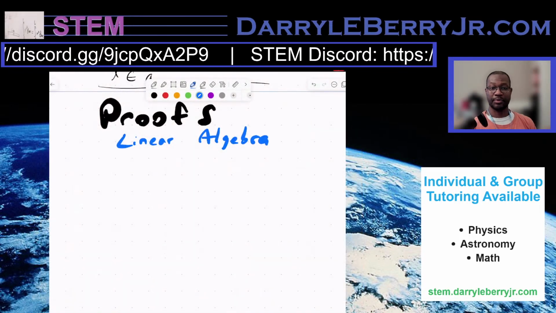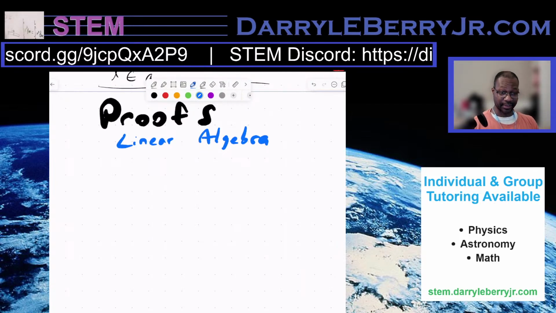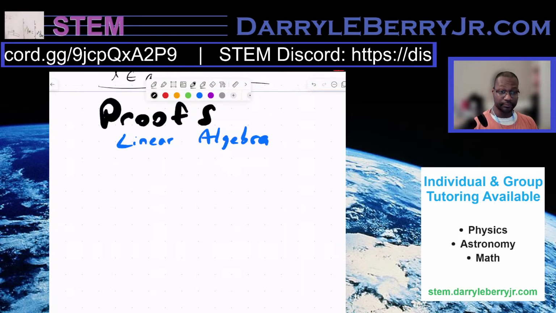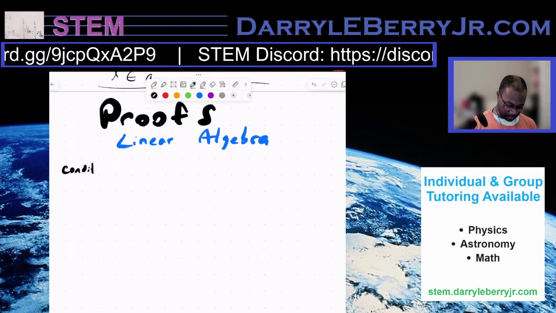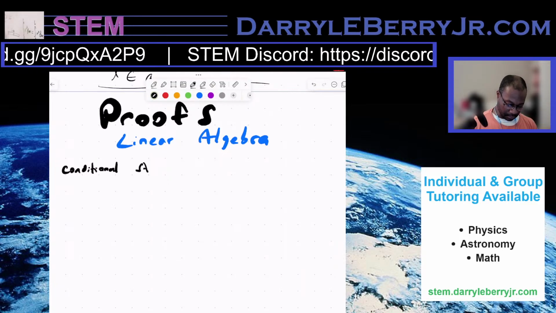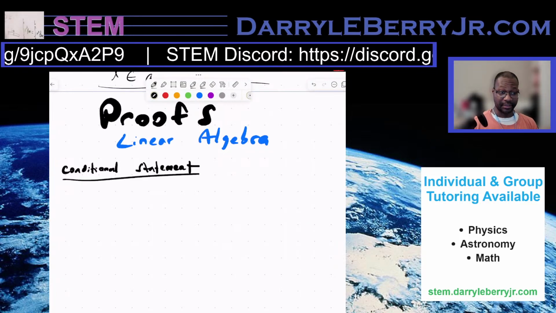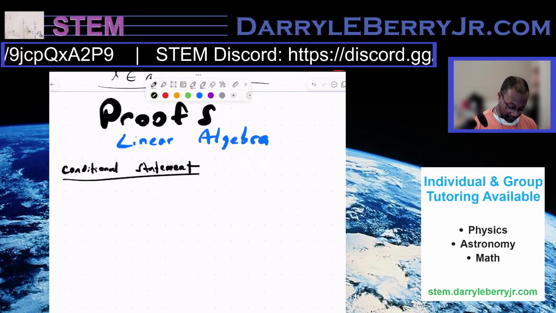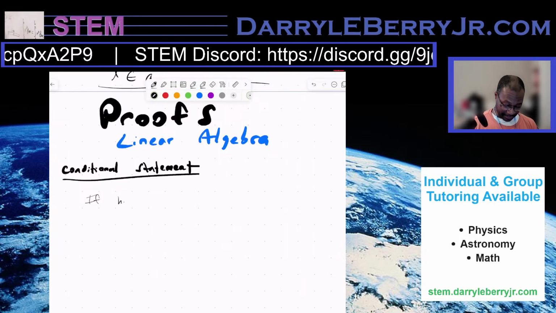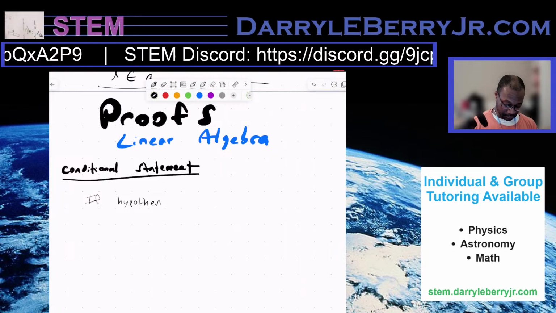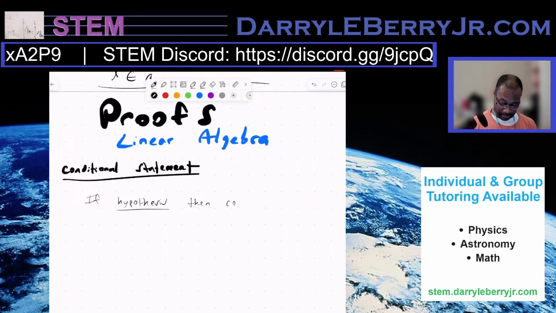So proofs, this is the process he went over. So basically, we start with a conditional statement. And that conditional statement is: if hypothesis, then conclusion.